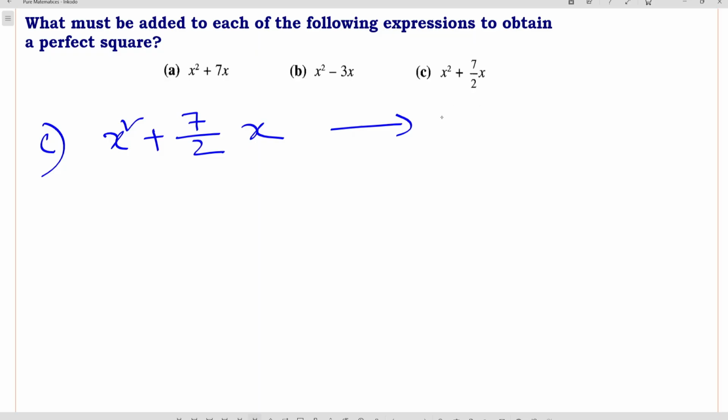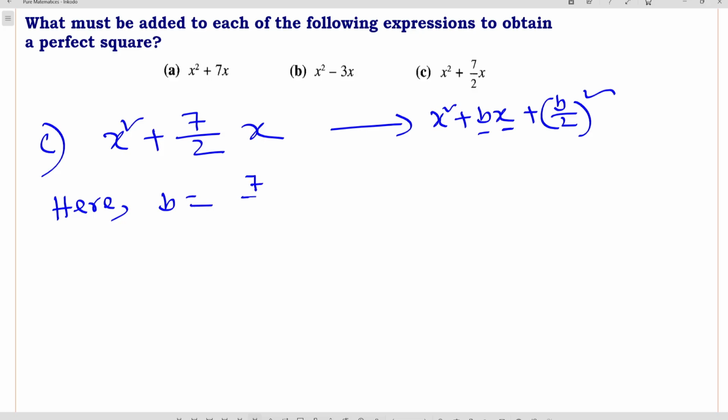So it's like x square plus bx plus (b by 2) square. So b is the coefficient of x. So here 7 by 2 is the coefficient of x. So we can write here b equals 7 by 2.